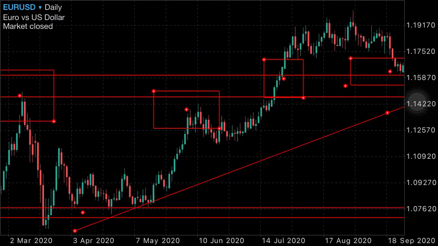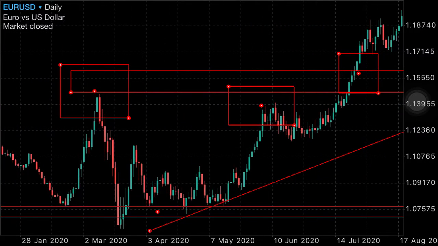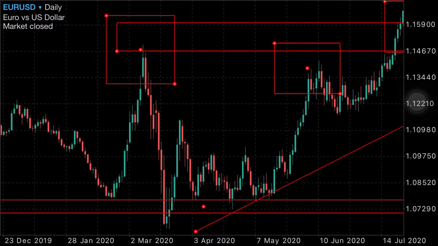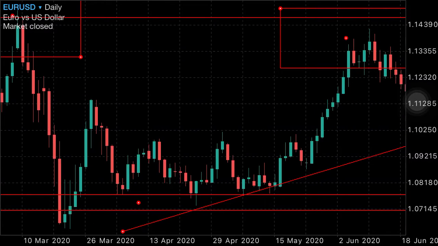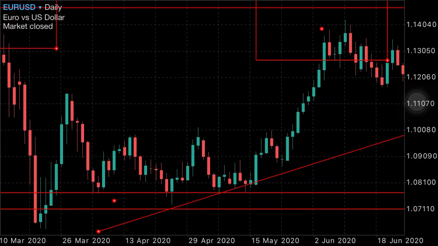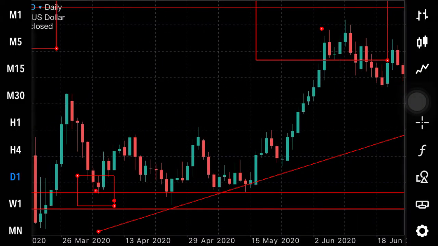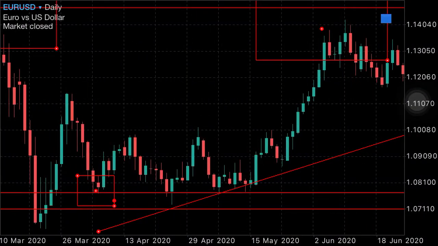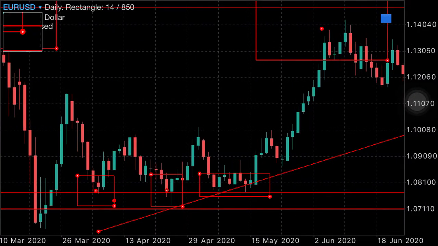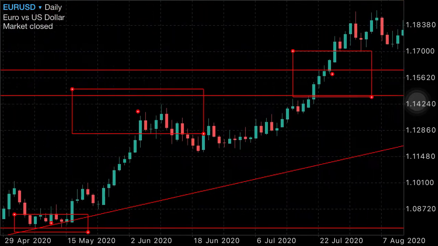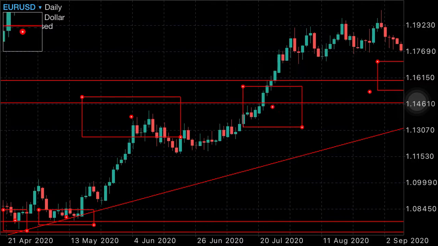The support zone is pushing the market up. It came back again, hit, and it pushed it. It came back again, hit, and it pushed it. It did again, pushed it up, and finally it's gone and broke the resistance here.